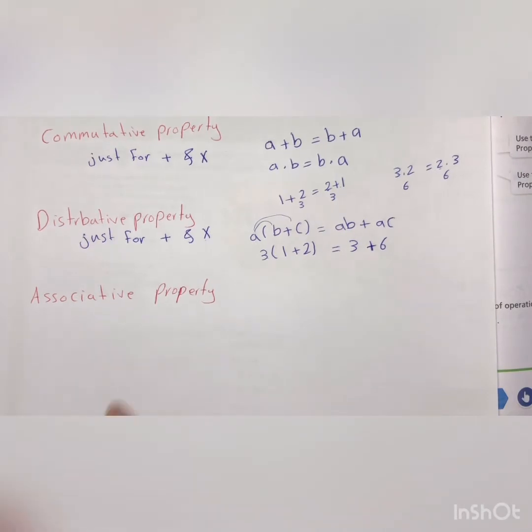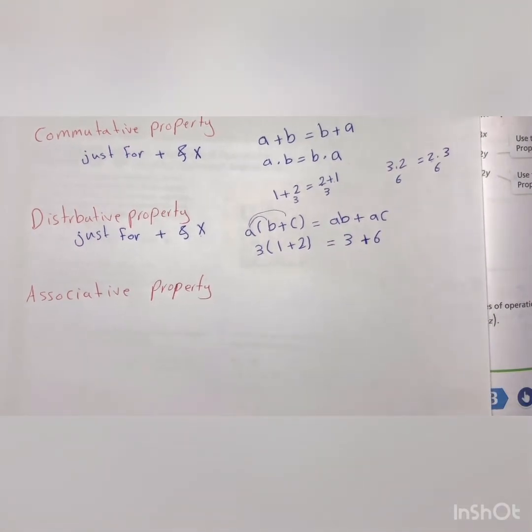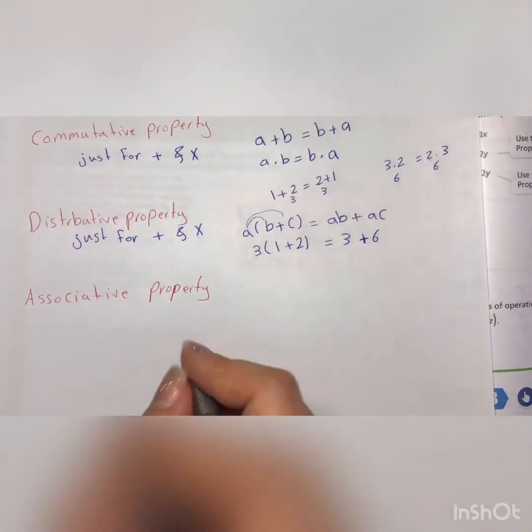The last property that I have is called the associative property. It is also for addition and multiplication.